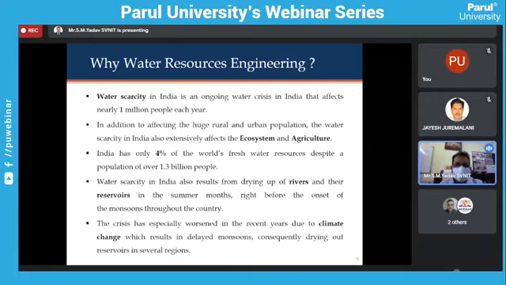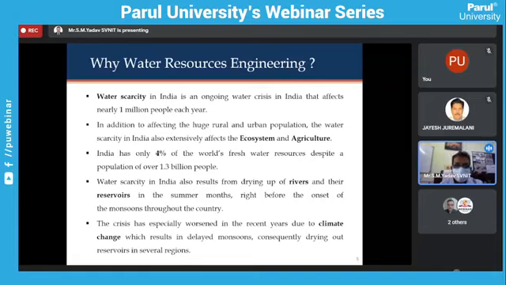In addition to affecting the huge rural and urban population, the water scarcity in India also extensively affects the ecosystem and agriculture. India has only 4% of the world's freshwater resources, despite a population of over 1.3 billion people. Water scarcity in India also results from drying up of rivers and reservoirs in the summer months, right before the onset of the monsoon throughout the country.